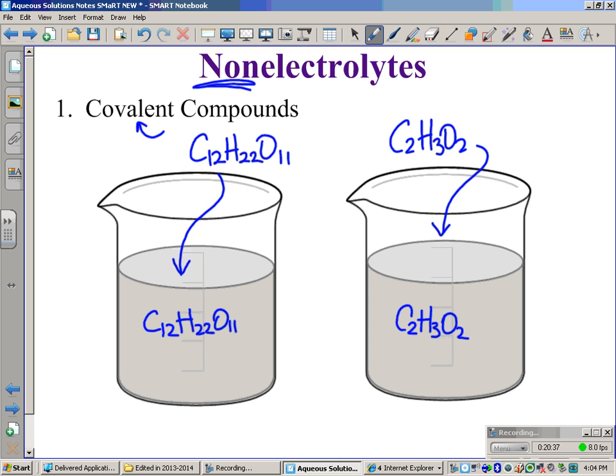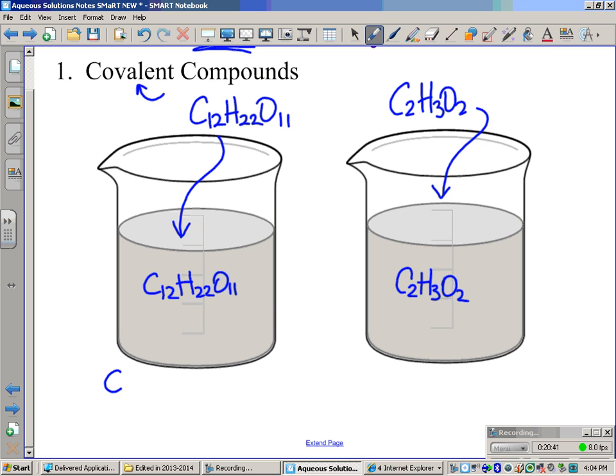We really don't write equations for these because it wouldn't make any sense. If we wrote an equation, it would look like this. C12H22O11 yields C12H22O11. It didn't change. Sure, single-sided arrow, I can make it a double-sided arrow. It doesn't really make a difference. It all says the exact same thing because those molecules just got away from each other.